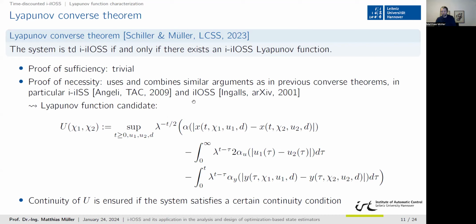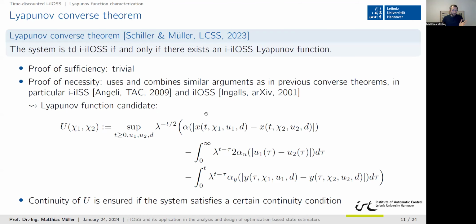That's why we need some other continuity type conditions on our vector field F. So basically a K continuity property, and this K function has to satisfy certain integrability properties. It's actually related to the Osgood condition, if you might know that, which is also used in literature to establish existence and uniqueness of solutions of differential equations. I'm not going into detail here, but this was the main technical part, which was also different from existing converse results in the literature.